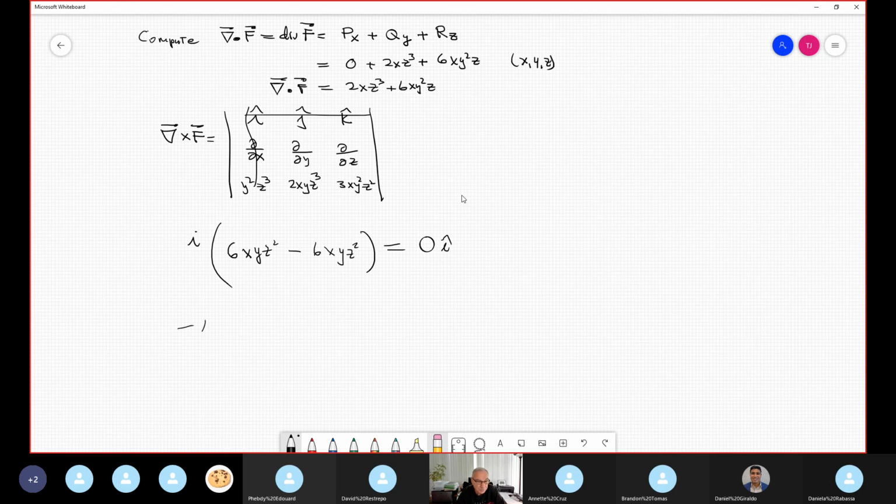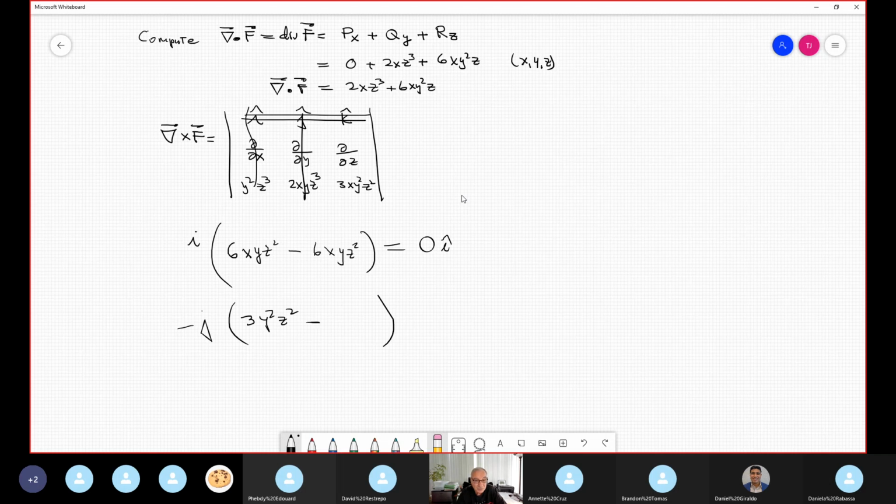Minus j, and now you delete mentally this column and this row, and we compute this partial derivative and this partial derivative. Partial derivative with respect to x is 3y squared c squared. Because we have only one x, and the partial derivative of x with respect to x is 1, and the rest you consider like a constant.